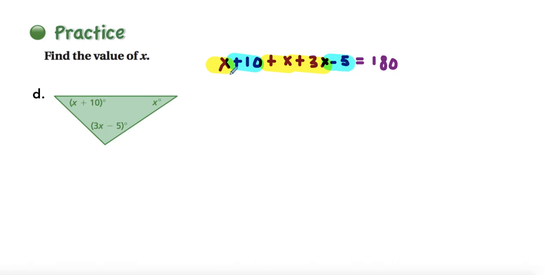So now I can see that we have x plus 3x, which is equal to 5x. We have positive 10 minus 5, which is equal to a positive 5, is equal to 180 degrees.